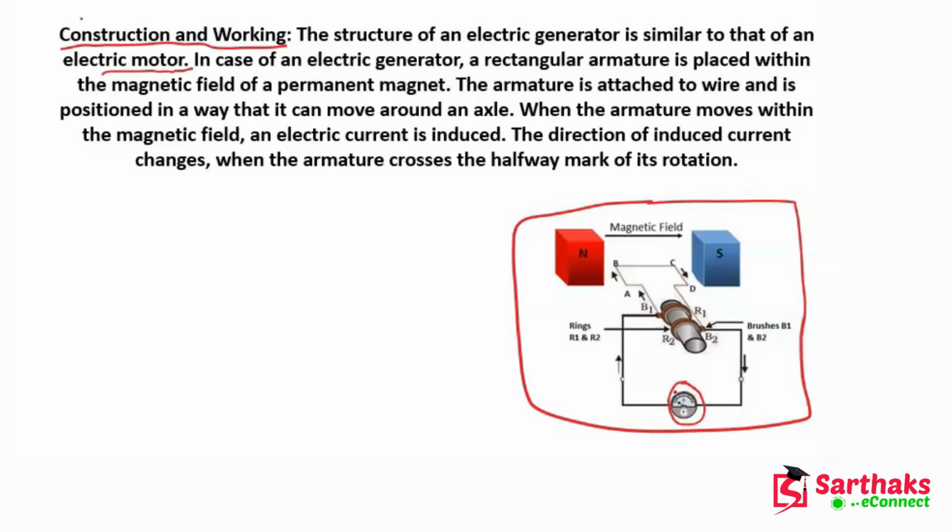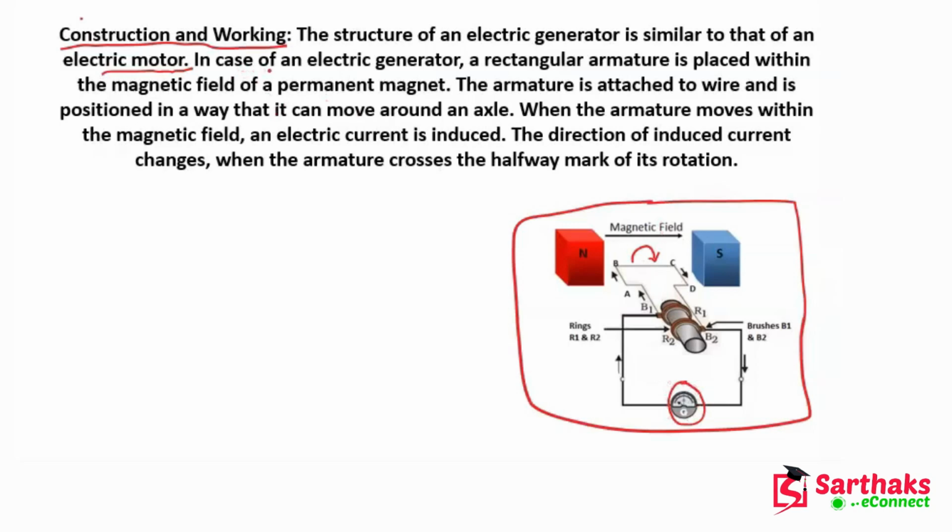So that is the difference. In a motor we provide electricity and this armature rotates, but in an electric generator we rotate this armature and we get current, and this galvanometer will show the deflection.